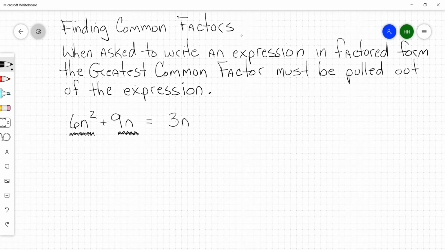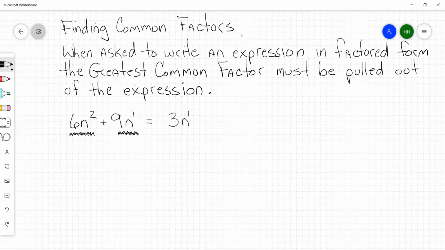And the power of your greatest common factor is the same as the smallest power of the variables. Okay? Smallest power of the variables. So this 9n is to the first power. So this greatest common factor is going to be 3n to the first power. But you don't write the 1. Okay?